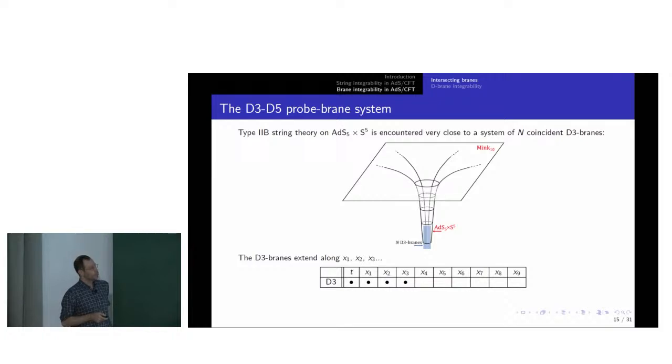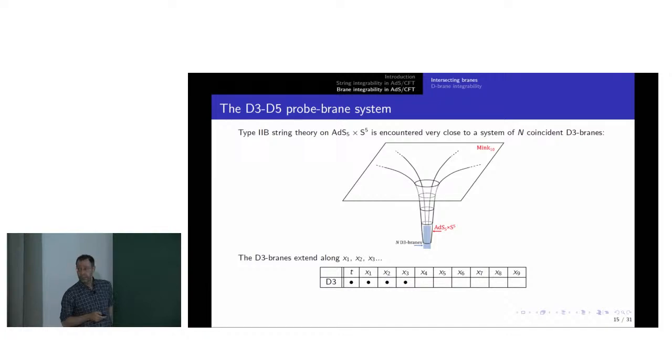These D3 branes are heavy objects which curve the space-time around them, and they give rise to a singular space-time. AdS5 cross S5 and IIB string theory are encountered very close to the throat of this geometry. And the D3 branes extend along these three directions.